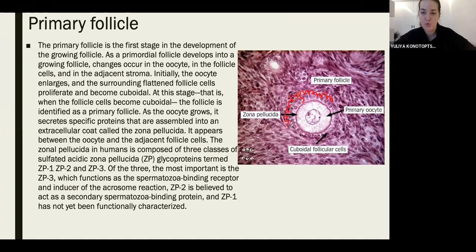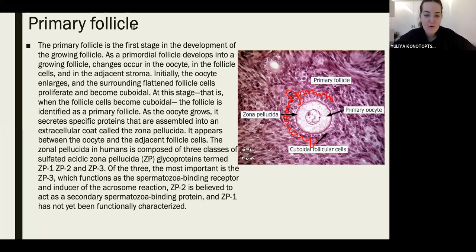So these simple cuboidal follicular cells are now starting to proliferate. Are they single? Of course not. Now they become stratified cuboidal follicular cells, and these stratified cuboidal follicular cells change their name. Now they are going to be called granulosa cells.